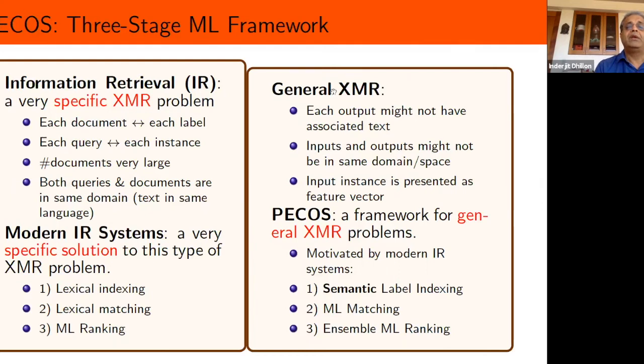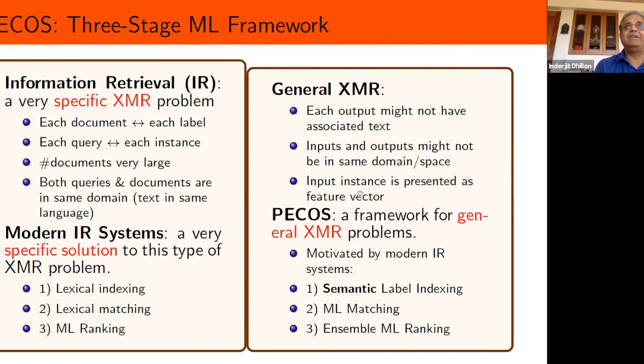So in general, for an extreme multi-label ranking problem, we have a challenge in the sense that each output might not have associated text. The inputs and outputs may actually not be in the same domain. And generally, the input instance is represented as a feature vector.